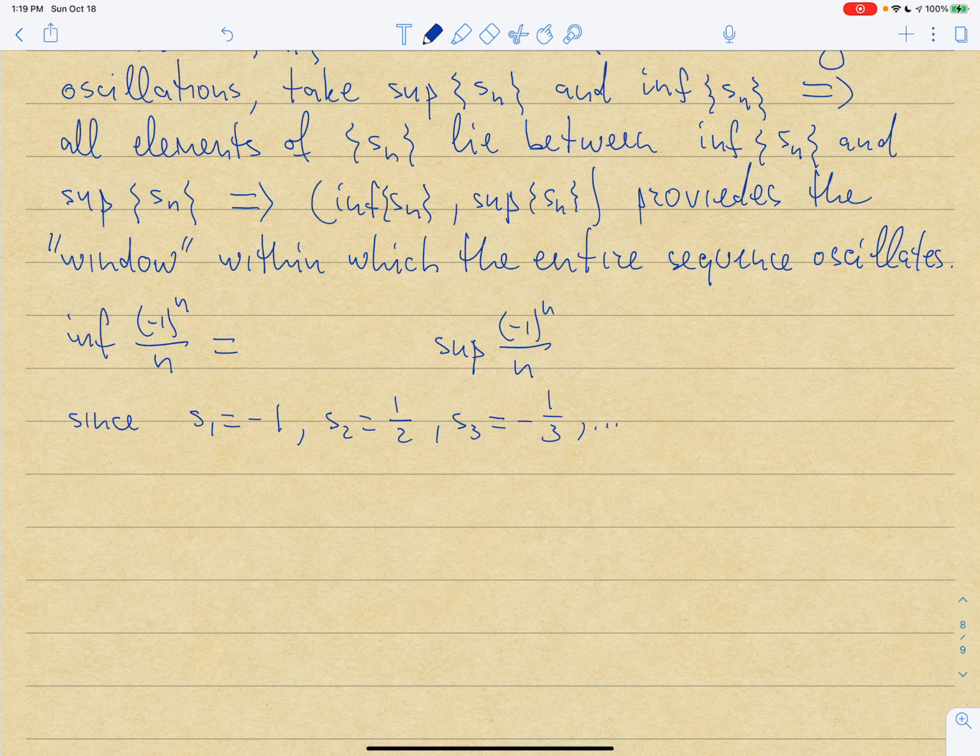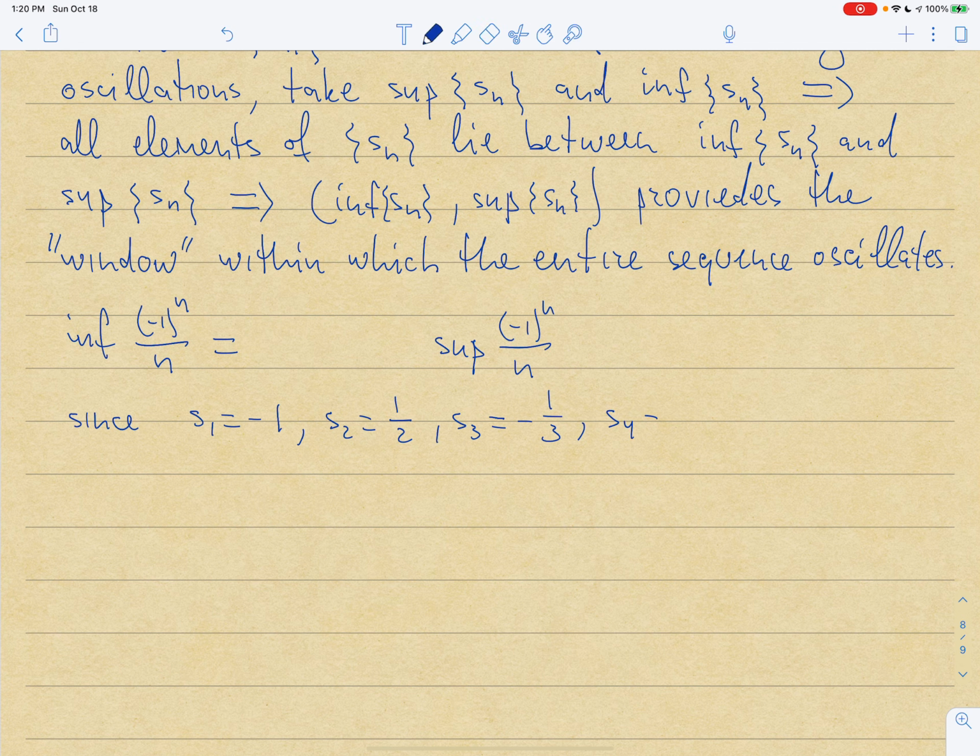So we see that these numbers switch sign from negative to positive, and at the same time they decrease in size, right? Because the first element is size 1, second size 1/2, the next one is 1/3, and so on. So if I take a supremum over the entire set, let me list one additional number here.